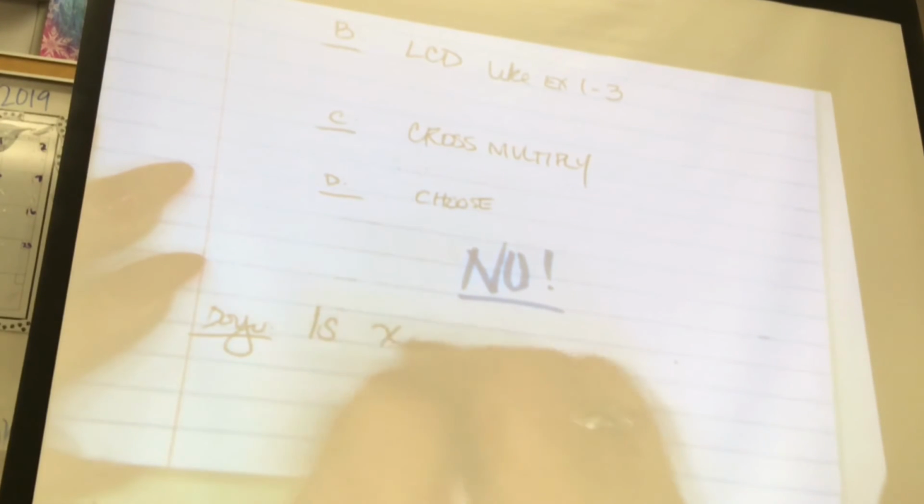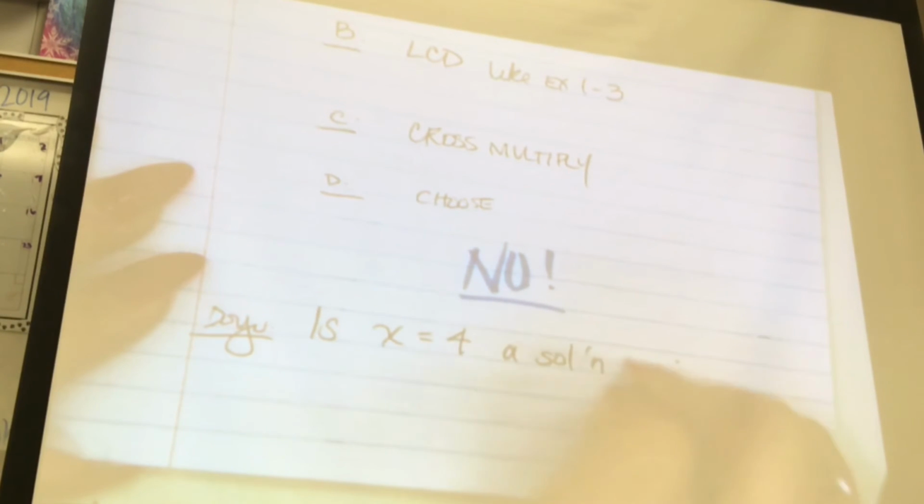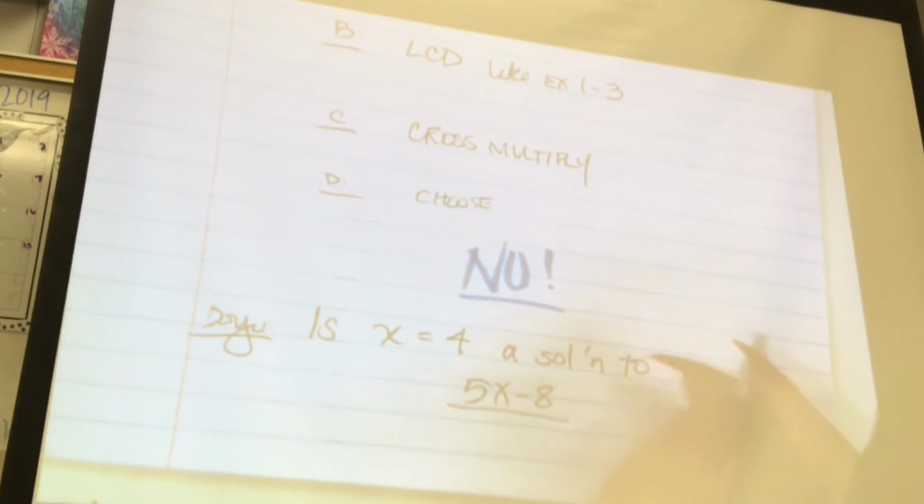Is x equals 4 a solution to 5x minus 8 over 2x minus 8 equaling 20 over x squared minus 16?